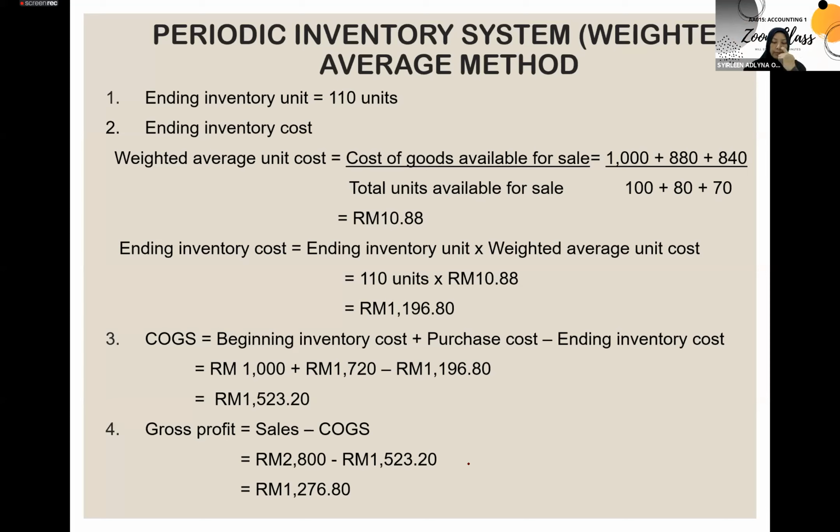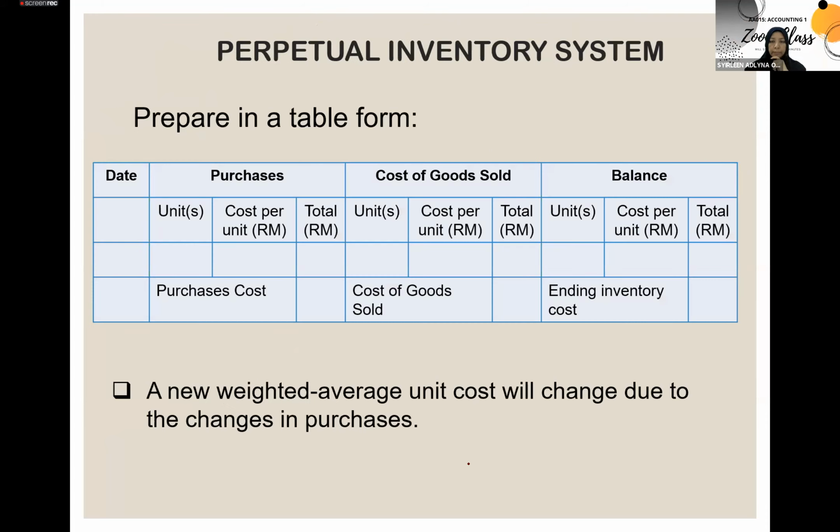Okay, berbeza dengan perpetual, we are going to use table. Okay, table like this. Okay, table tu akan dipecahkan kepada 3 kolom besar, which is purchases. Okay, that means yang ini ialah harga beli. So harga beli adalah harga yang diberi oleh supplier kepada you. Okay, and then kita ada harga cost of goods sold.